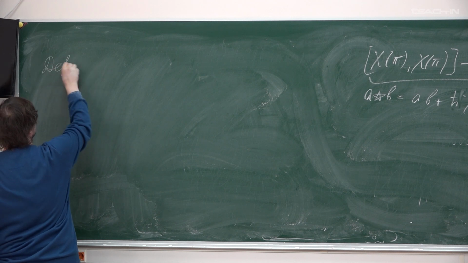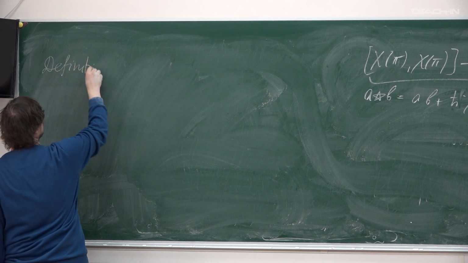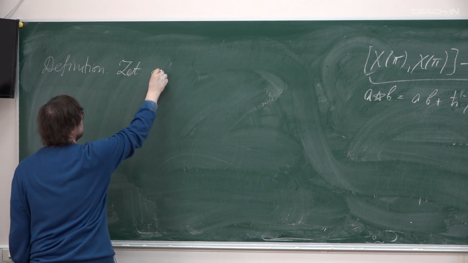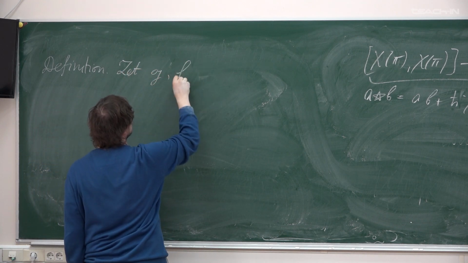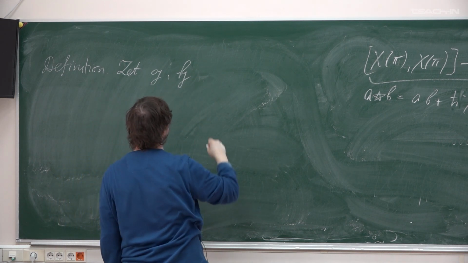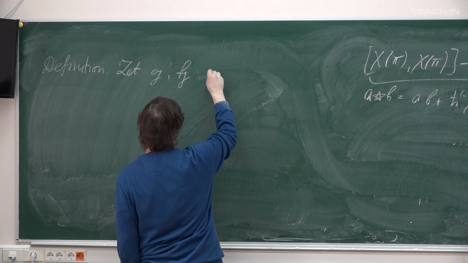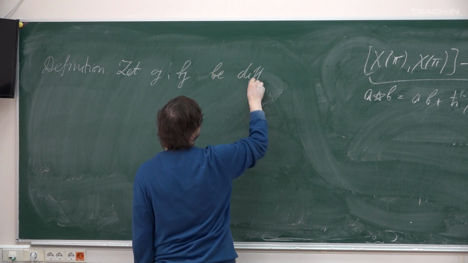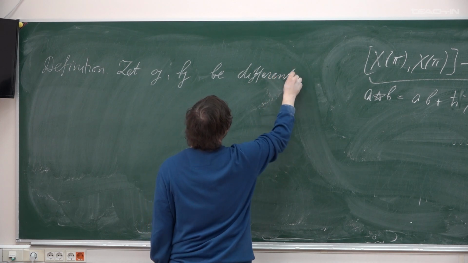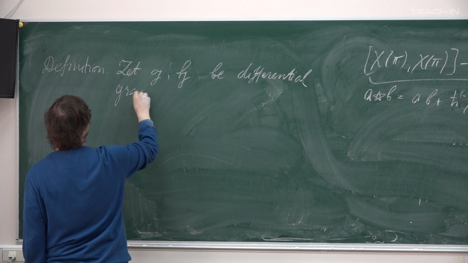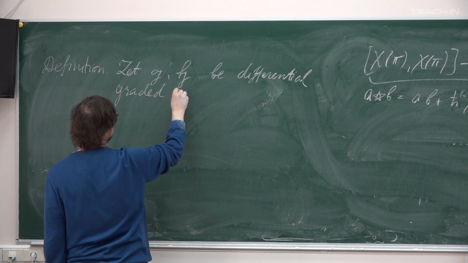Definition. Let G and H be two differential graded Lie algebras.